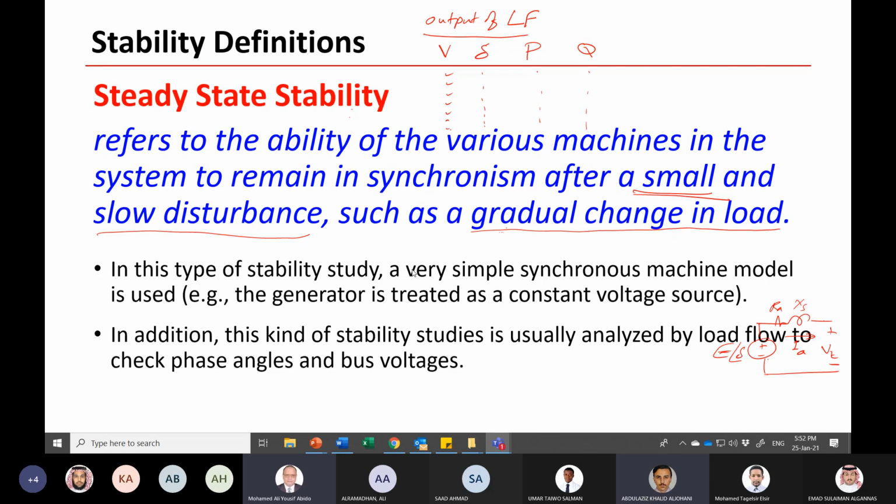Stability has different meanings, or rather you have different kinds of stability in the system. You have angular stability, voltage stability, and frequency stability, right? We classify stability at the beginning as such. So if you want to examine the voltage stability, you look at the voltage.